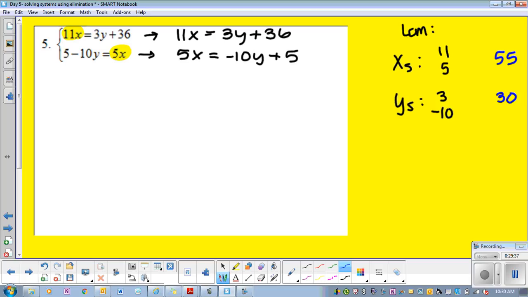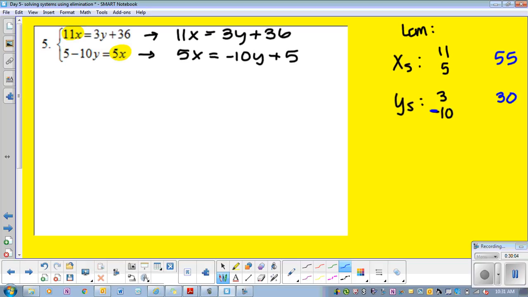The y's? Why, Kevin? It's easier? Well, the 30 is easier? Okay, what else? If you look at your x's, they're both positive right now.